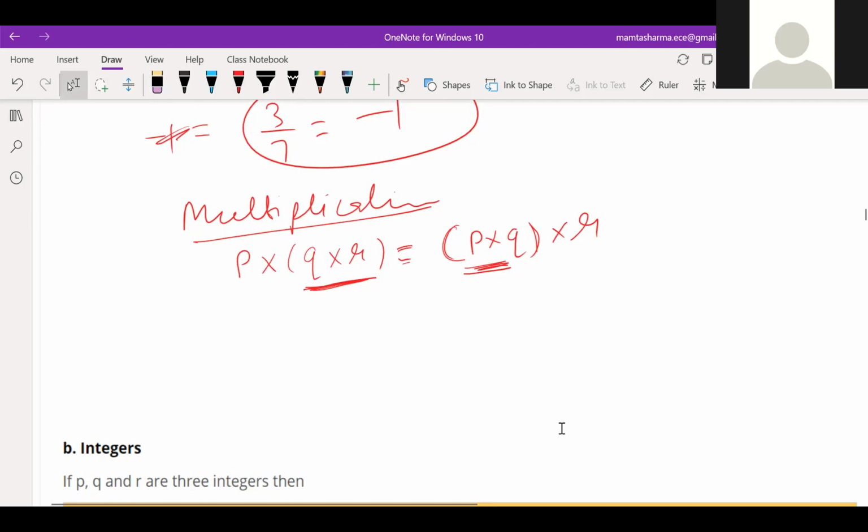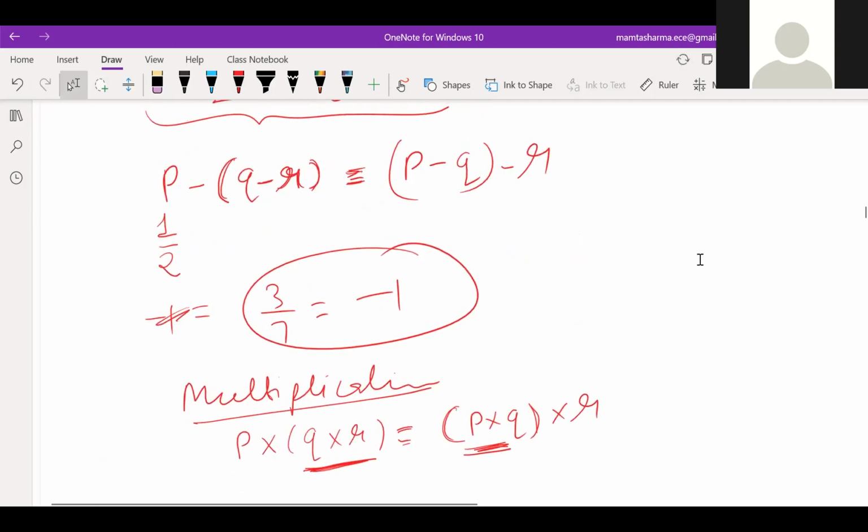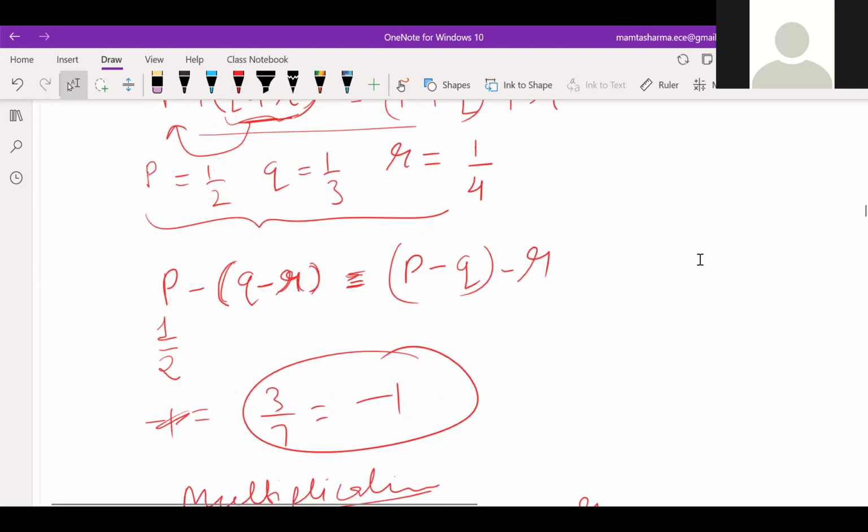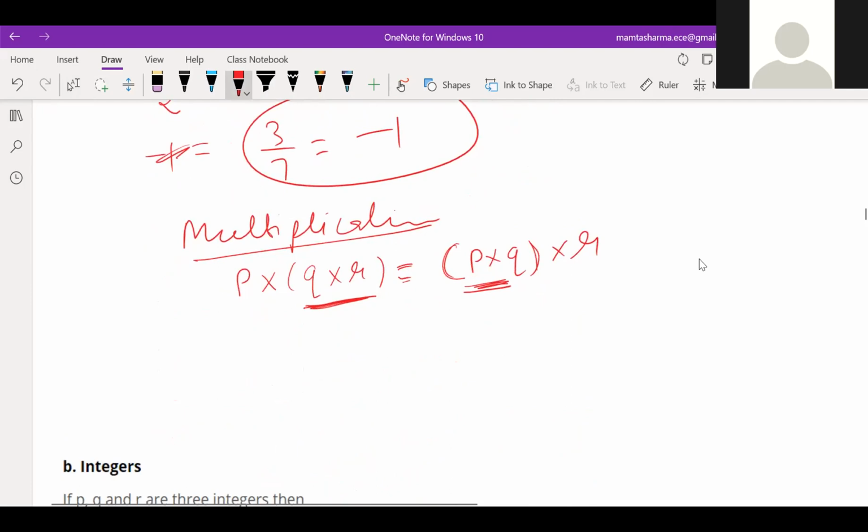All children, please do it fast. Ma'am, P is 1/2. Actually, I did it with another example. Okay, no problem. Q and R are 1/4. Tell me, is it satisfying?